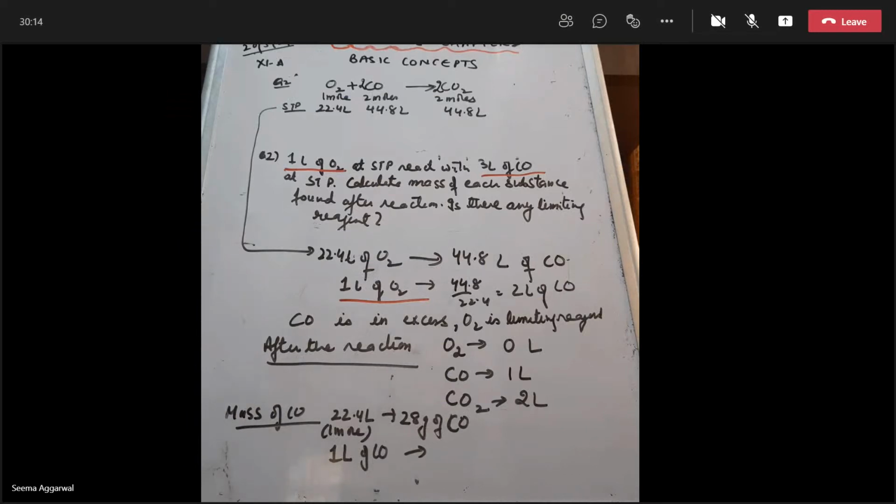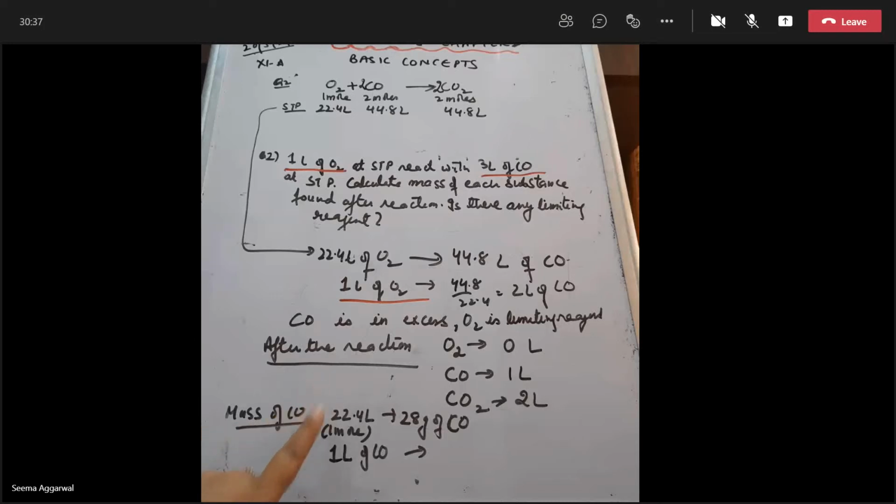Yes, I am waiting for the answer, Siddhant. Simple maths. See, 1 mole has a volume of 22.4 liters.